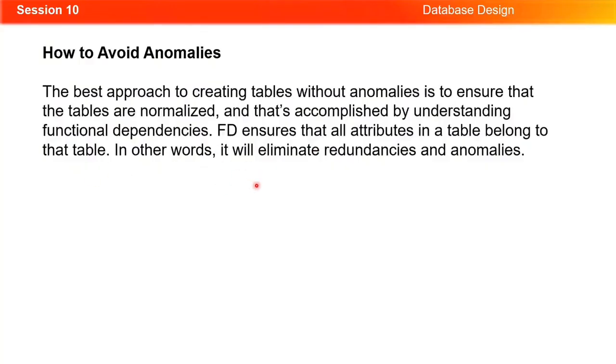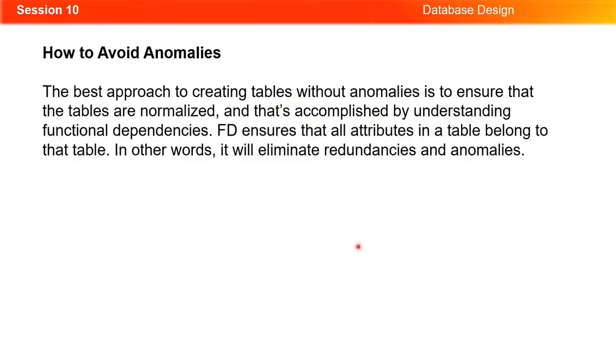It's almost like breaking our entities down into their simplest forms and validating the relationships. So FD ensures that all attributes in the table belong to that table, and we want to also eliminate redundancies, use foreign keys often and when needed, and also we want to validate that the tables are atomic, broken down to their simplest form.